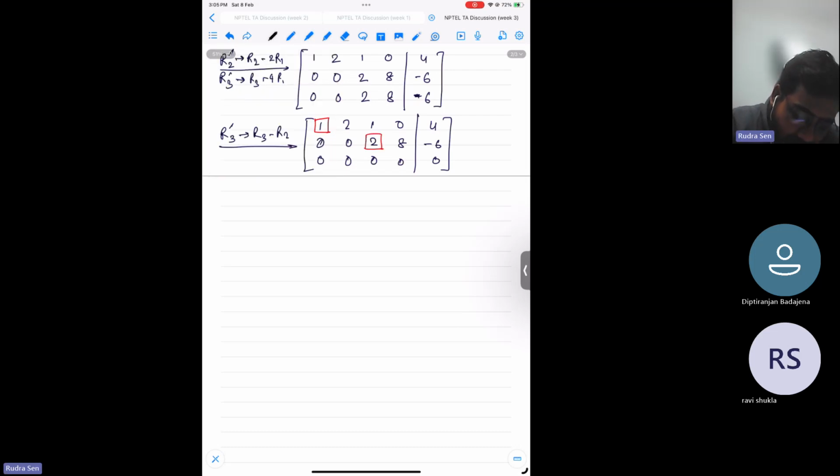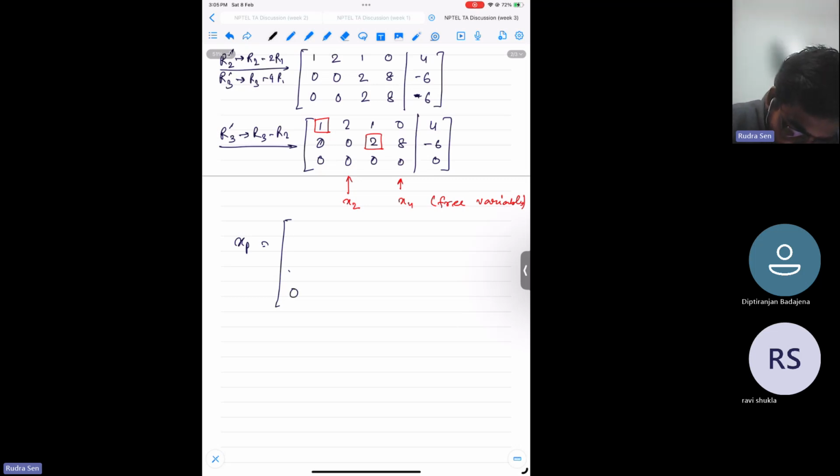So x2 and x4 are the free variables, meaning non-pivotal variables, so we choose x2 and x4 as 0. Putting x4 as 0, x3 would be minus 3.